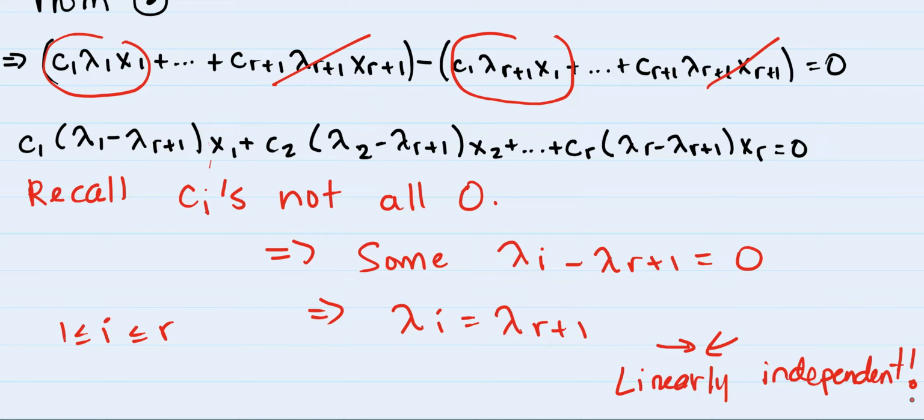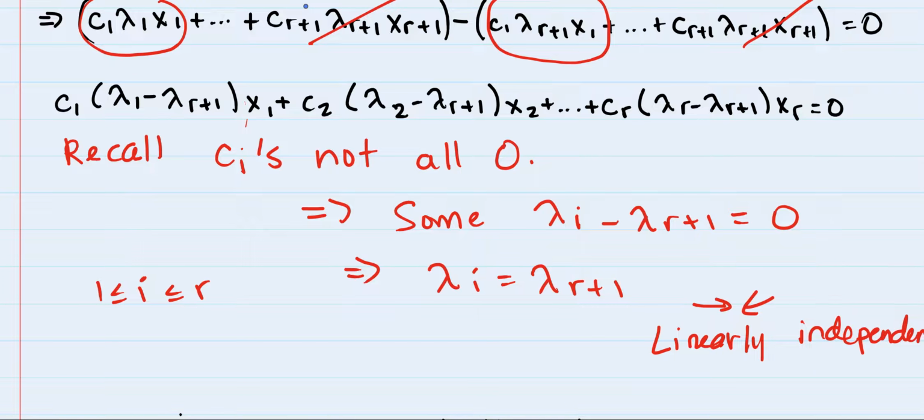Okay, from this, what do we know? Now we know, because we chose any vector from the eigenspace lambda i, and any vector from the eigenspace lambda j, and we said that these vectors are linearly independent, so you can't get the vector xi from the eigenspace of xj.